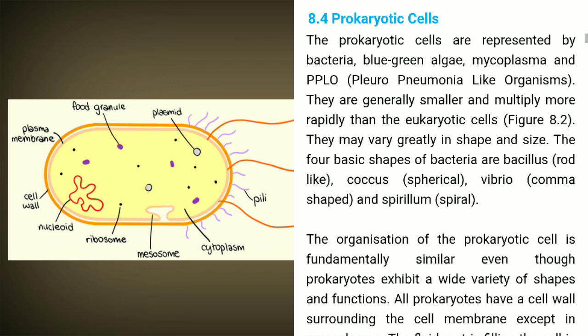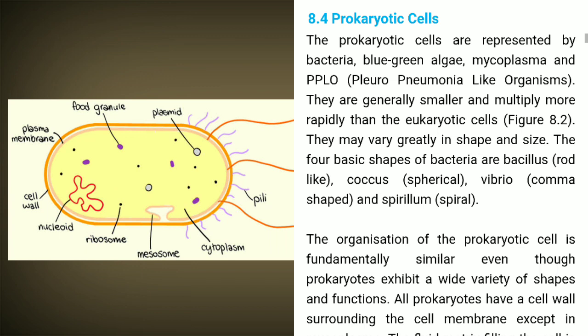These prokaryotic cells are morphologically the most primitive cells here on this earth, and they seem to have appeared about 1.3 billion years ago.